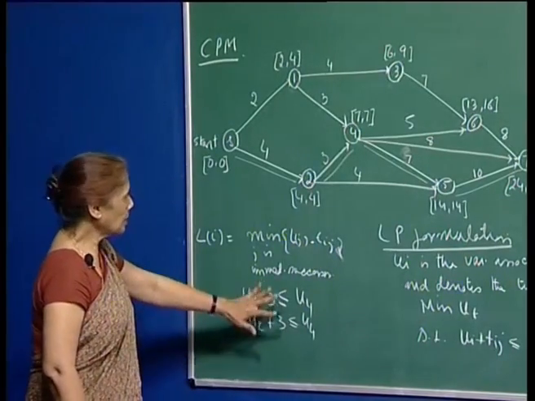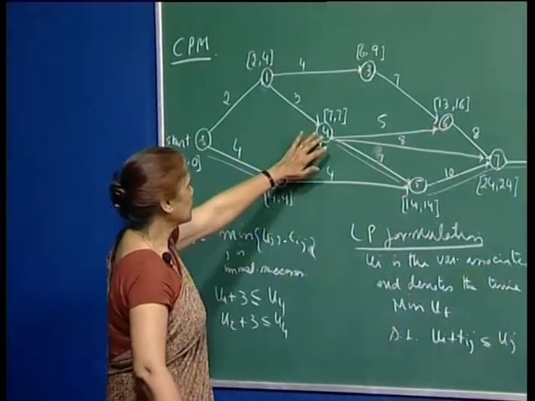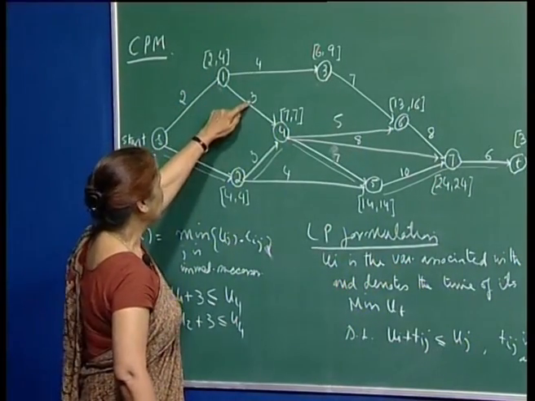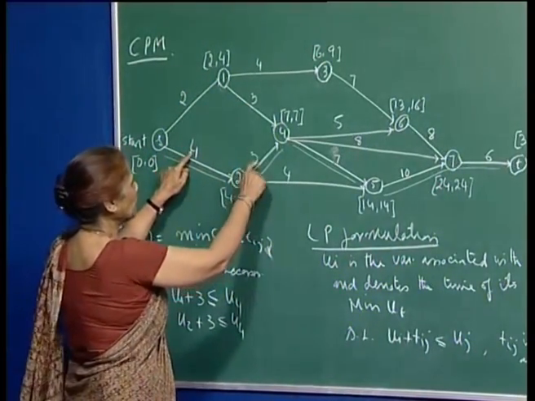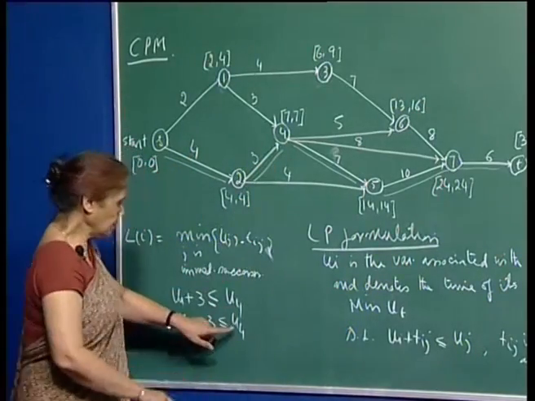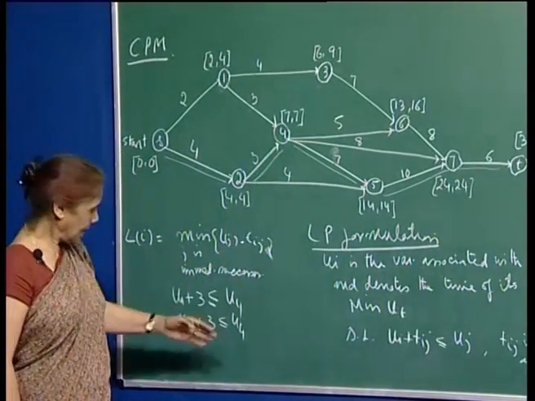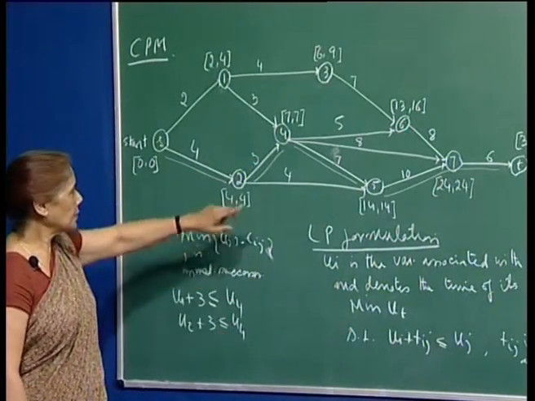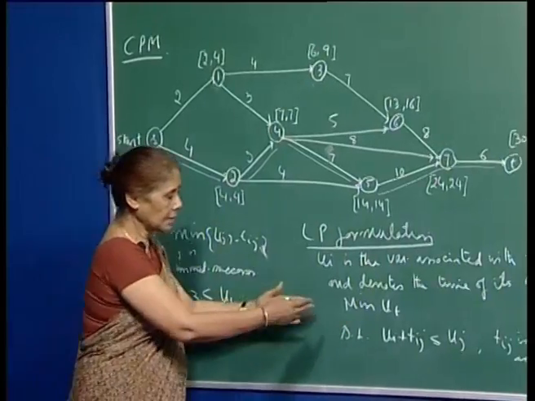So, you see, it will take care by itself. This one is 2 plus 3, 5, but this one is 4 plus 3, 7. So, your U4 should not be less than 7, and these two constraints together will take care of the fact that U4 will satisfy this, and so this is reasonable.